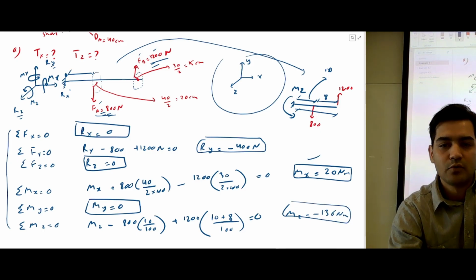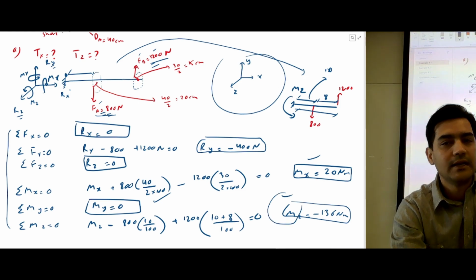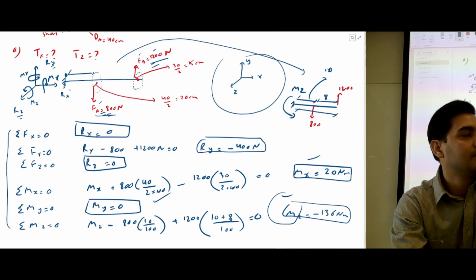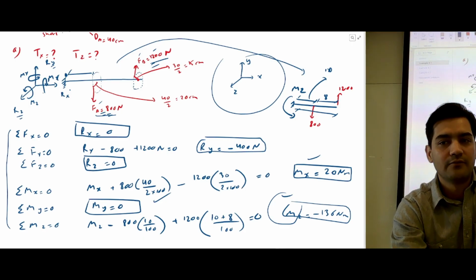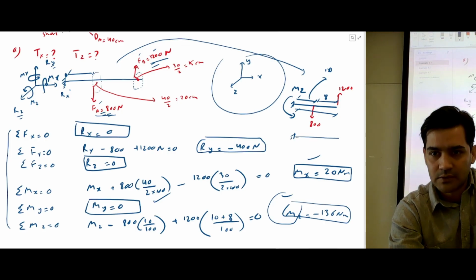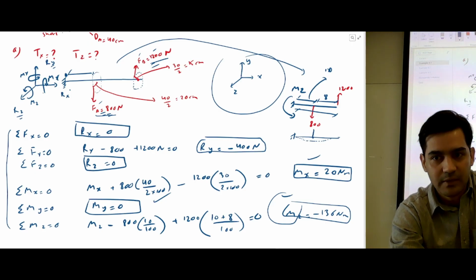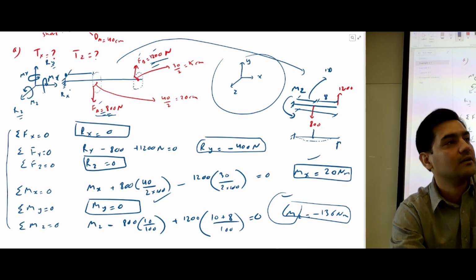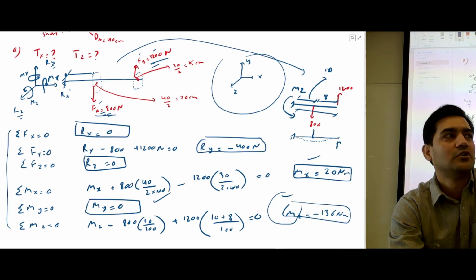So you have three moments, and this moment M of z is not going to create torsion, it's going to create bending. If you try to draw how it's going to bend, it's going to bend something like this. This force is pushing this beam down, this force is pushing the beam up. So this is not torsion actually.